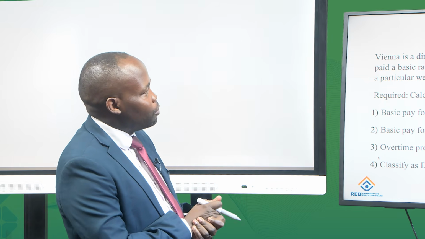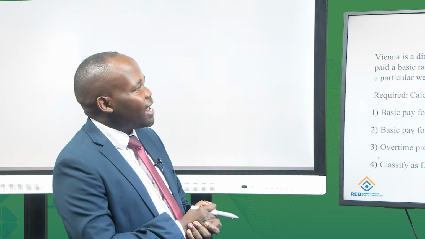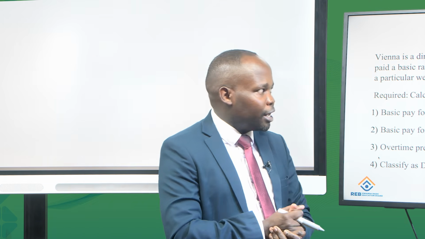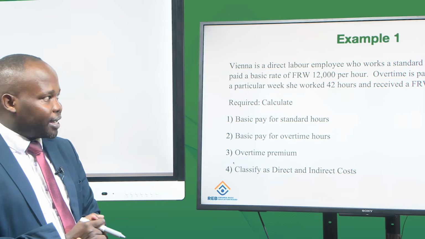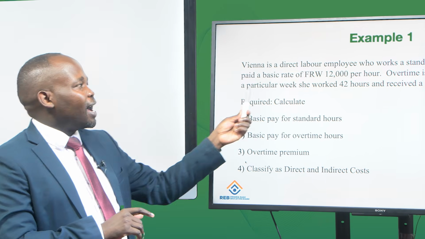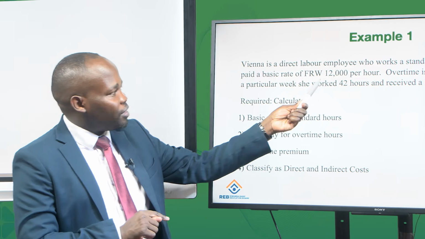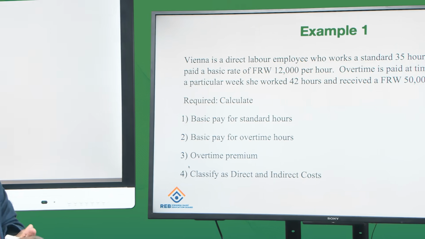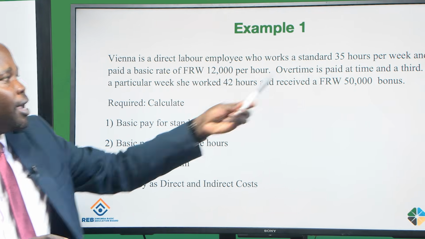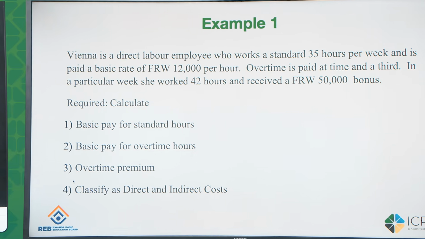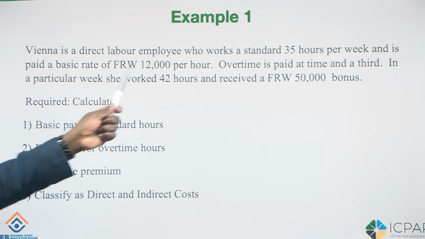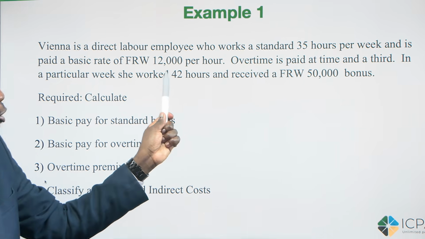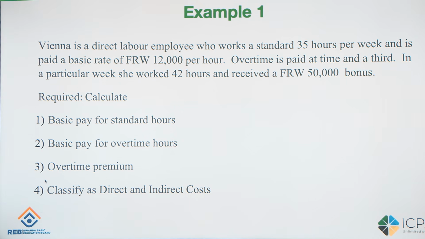So we have an example with us. Vienna is a direct labor employee who works a standard 35 hours per week and is paid at a basic rate of 12,000 per hour. Overtime is paid at a time and a third. In other words, the basic rate of 12,000 and a third of 12,000, which should be 4,000.